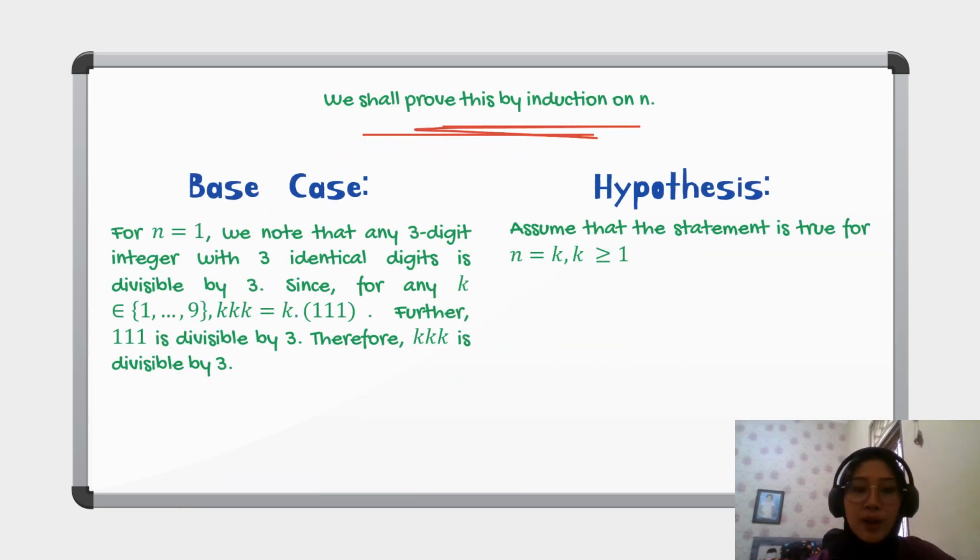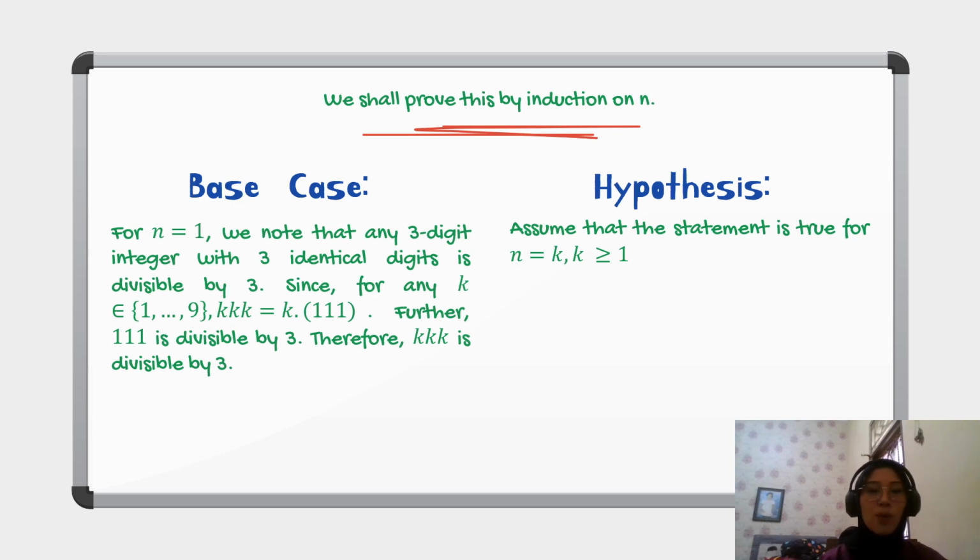To solve this problem, we prove this by induction on n. For n equals 1, we know that any 3-digit integer with 3 identical digits is divisible by 3, since for any k from 1 until 9, the number equals k times 111.